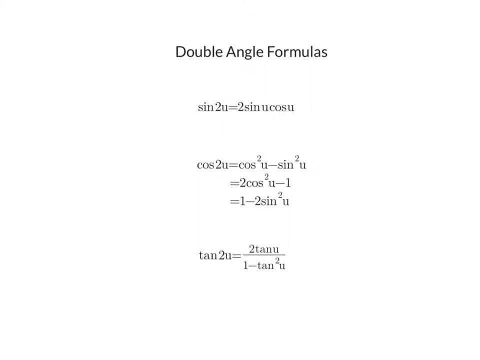So in example 1, if we're supposed to find all the solutions, the first thing we want to do is check to see if we have any double angles. And in this case, we do. Where we have the sine of 2x, we can rewrite that.